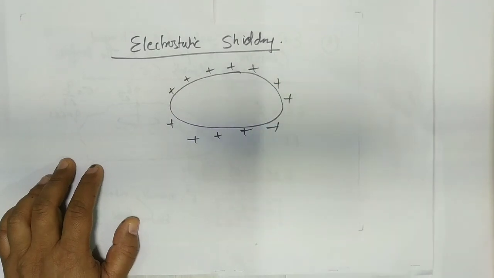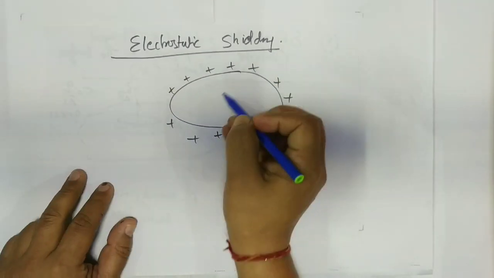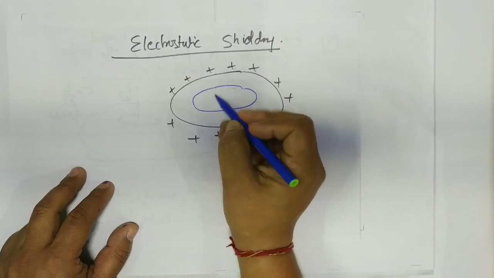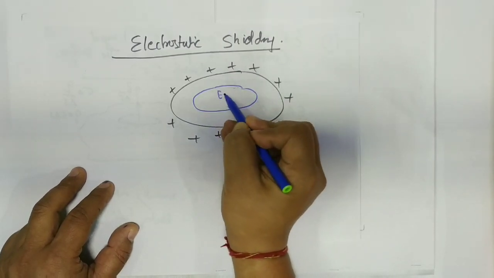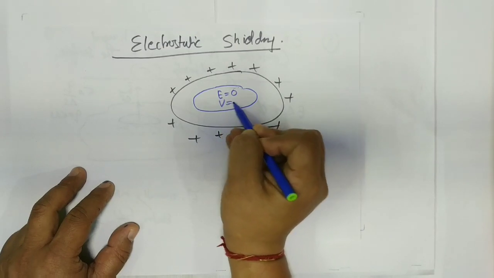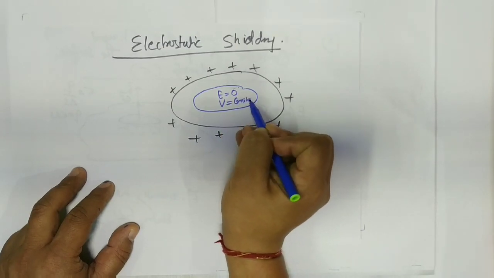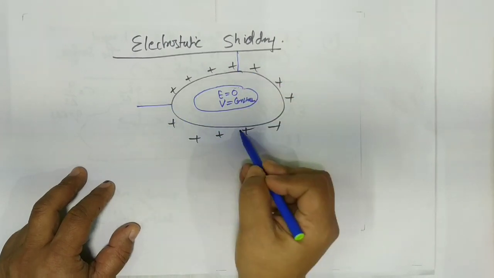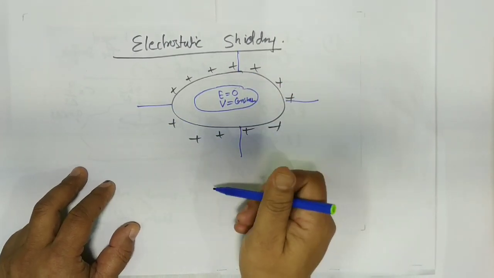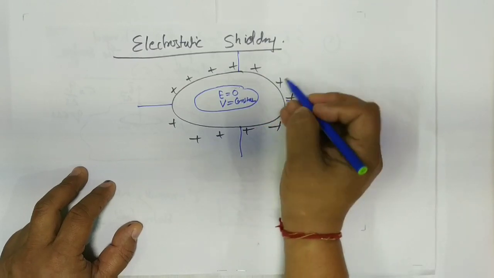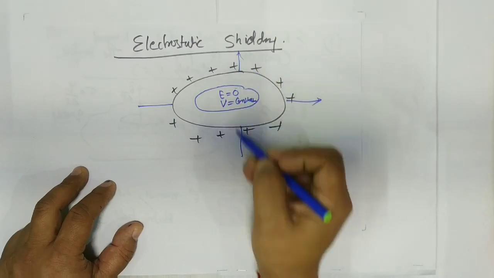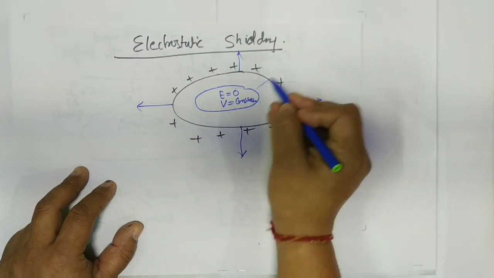What this property says is that if there is a cavity inside it, what will be the electric field inside it? Zero. And V will be constant. Potential is constant, and the electric field is outward, like this. This is electrostatic shielding. V is constant, but the electric field is outside it. It's like a Gaussian surface.